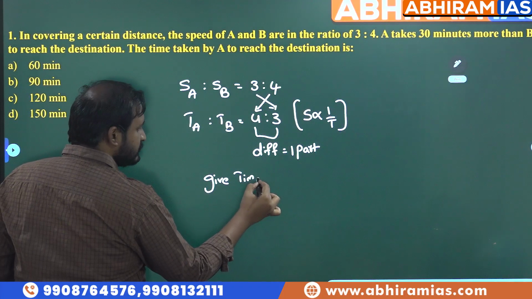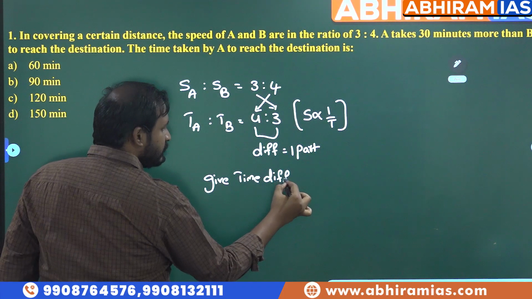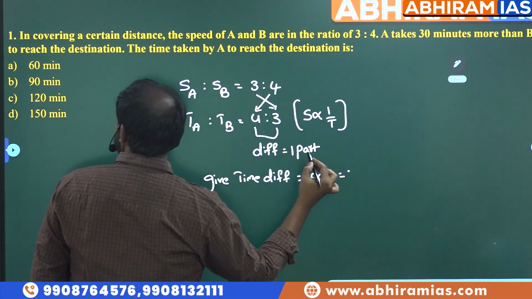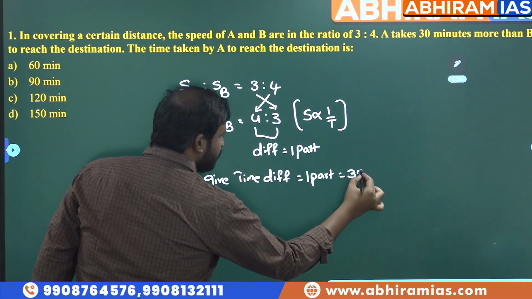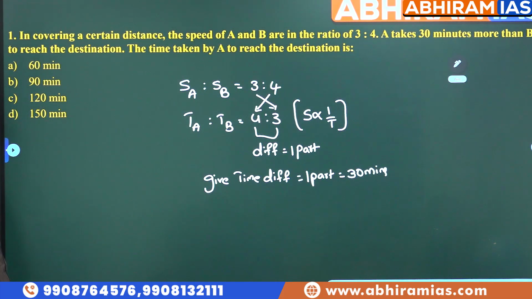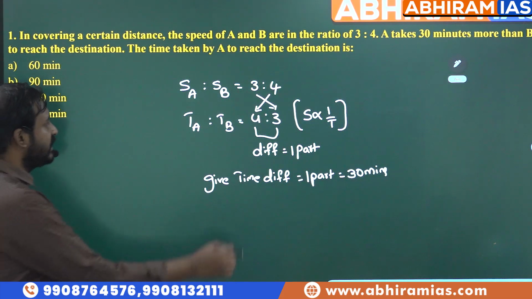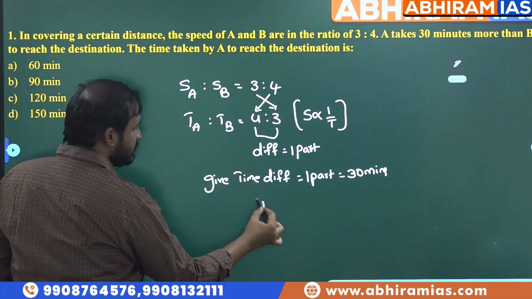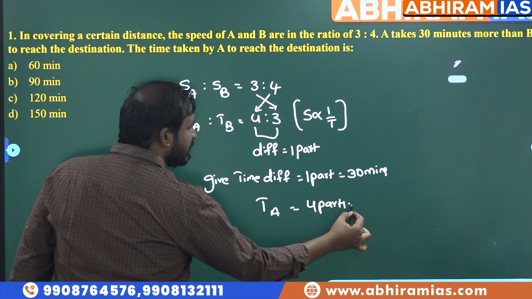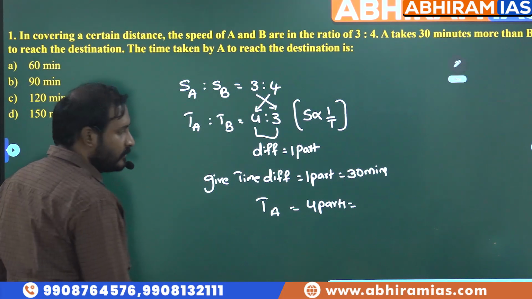Given the time difference, this 1 part is equal to 30 minutes. The answer is also in minutes, so I will write it in minutes only. 1 part is equal to 30 minutes. What is the question? Time taken by A to reach the destination. A is taking how many parts? 4 parts. If 1 part is 30 minutes, what about 4 parts? 120 minutes.